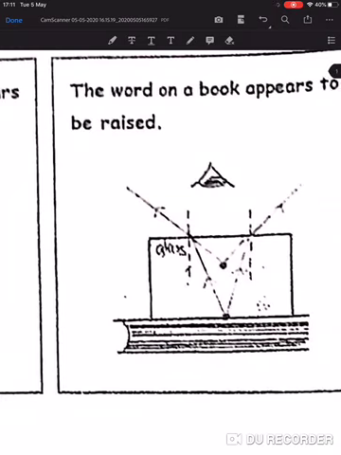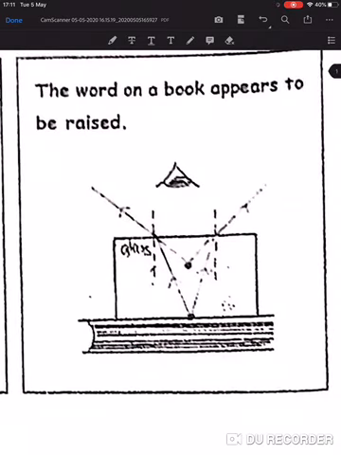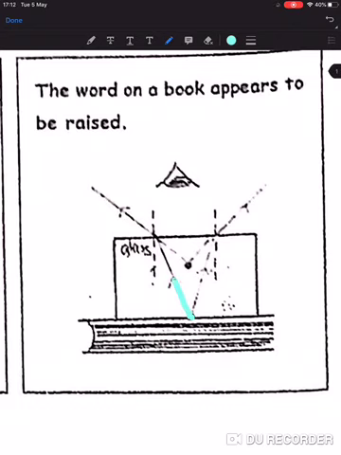Now, in the next example, if we place a glass on a textbook, the words on the textbook appear to be floating on top because of the apparent depth. So in here, what we need to do is we pick a point here, and then from that we will be drawing upward with a straight line.